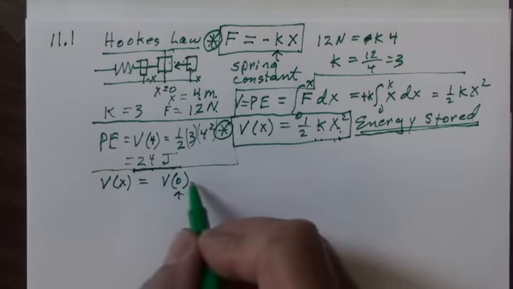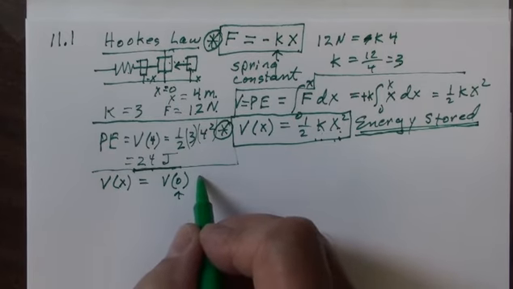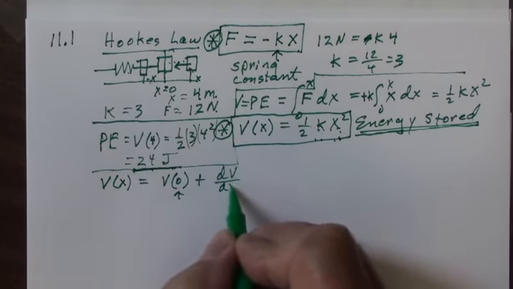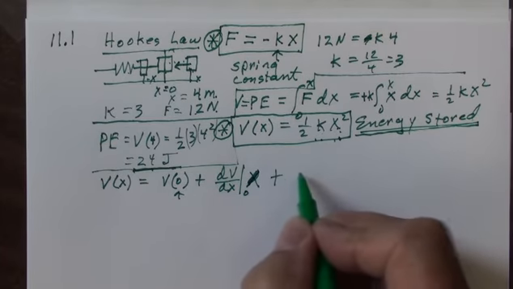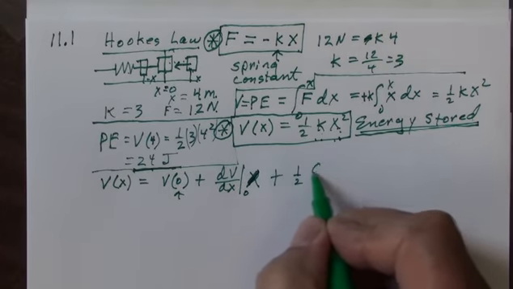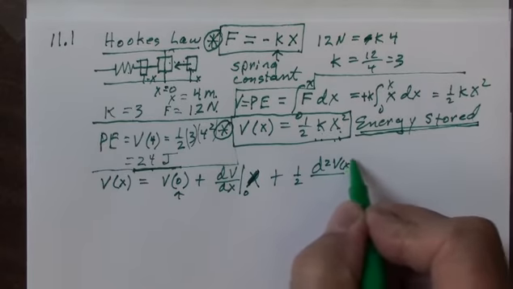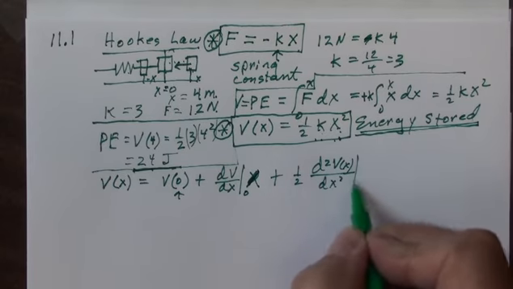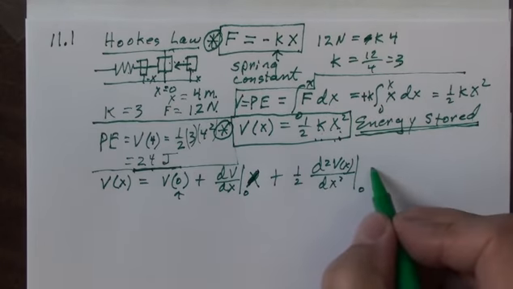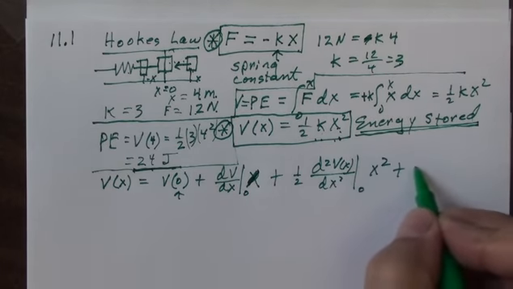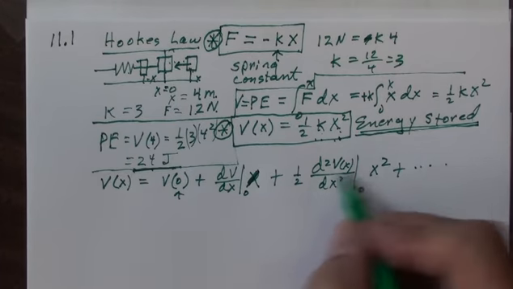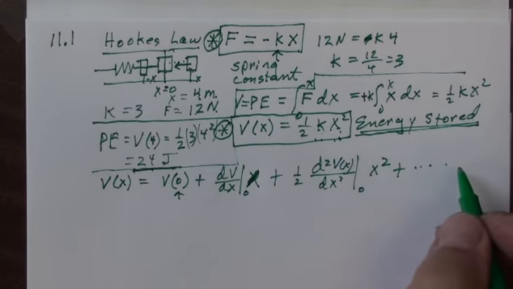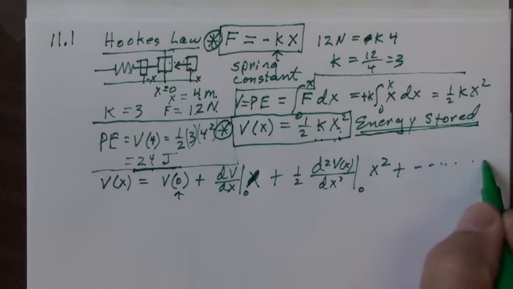So expanding V of x using a Taylor series expansion, we get V of 0 plus dV dx evaluated at 0 times x, plus 1/2 the second derivative of V of x with respect to x, evaluated at the point 0 again, times x squared, plus, and as you know, the other terms would be continuing in that same sequence with the Taylor series expansion, but we don't need any of these higher terms.